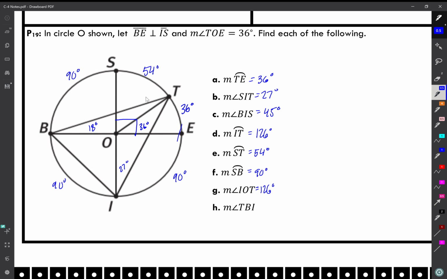We already found TBE. Let's just look at TBI. TBI intercepts this arc right here, which is 90 plus 36, which is of course 126. You divide that by 2, and that gives you the angle measure, which is 63 degrees. And that's it for that one.